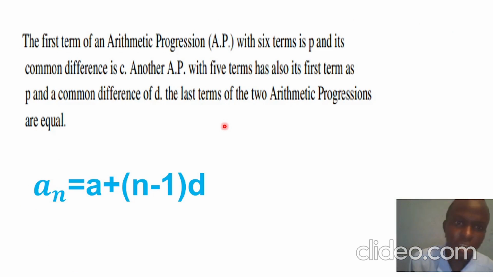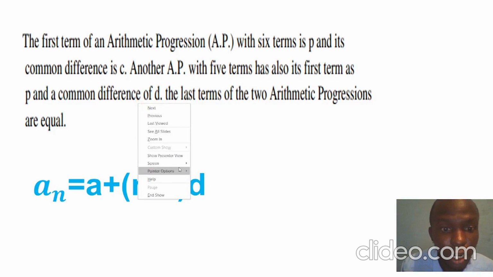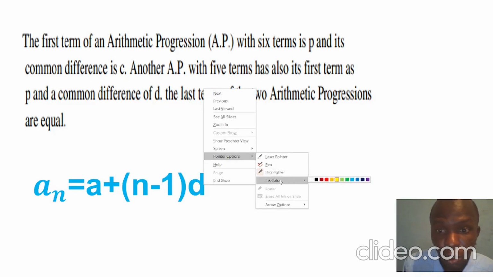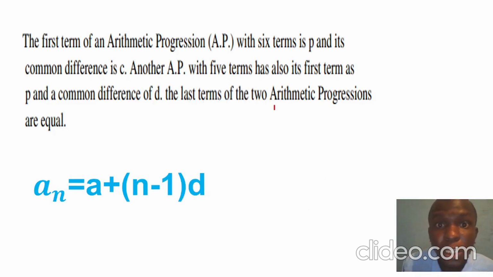In the first example, the first term of an arithmetic progression with 6 terms is P, and its common difference is C. Another AP with 5 terms also has its first term as P and a common difference of D.